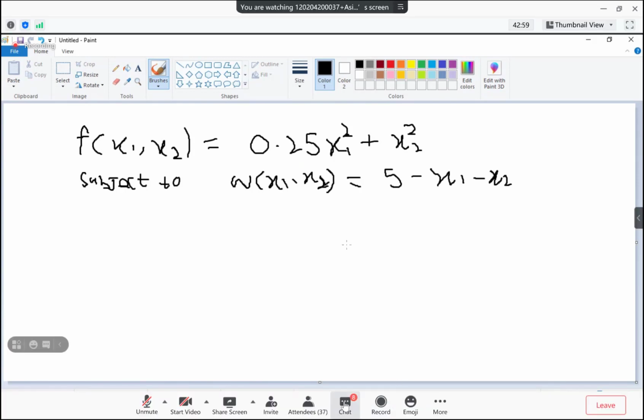Okay. So to solve this problem, we already discussed the Lagrangian function. For the dual function, we will write the above values in the Lagrangian function equation.